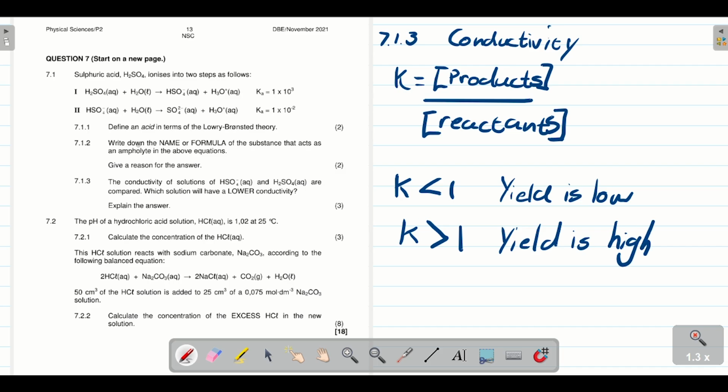Because our reactions produce ions, a high yield will produce lots of ions and therefore have a high conductivity. So this second case will have a high conductivity.